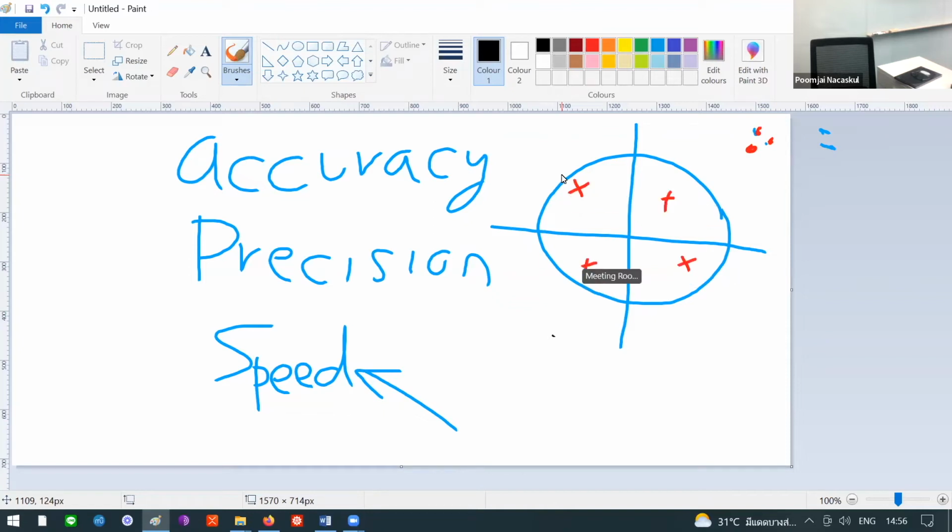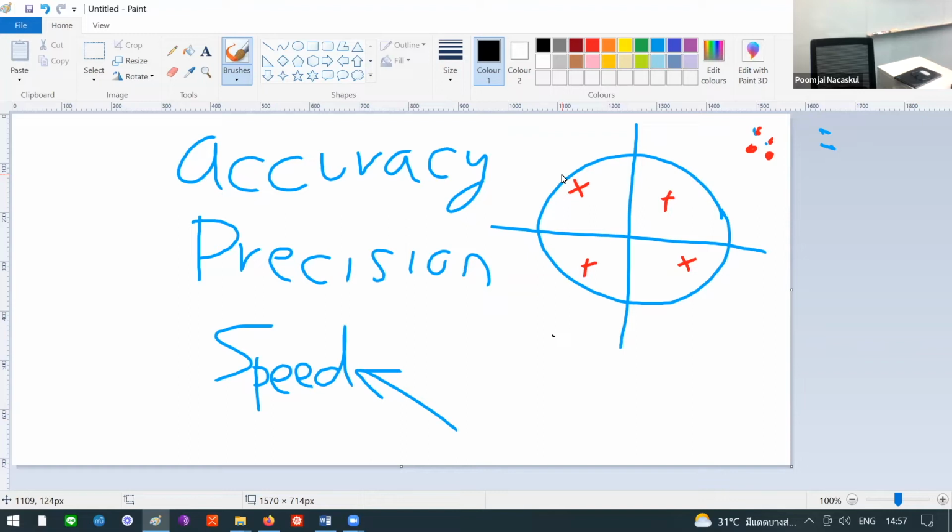Let's make it 4. This guy has very low precision, but the accuracy is good because when you take an average, it's in the middle. This guy is good because he's consistent. Now, who do you like better?